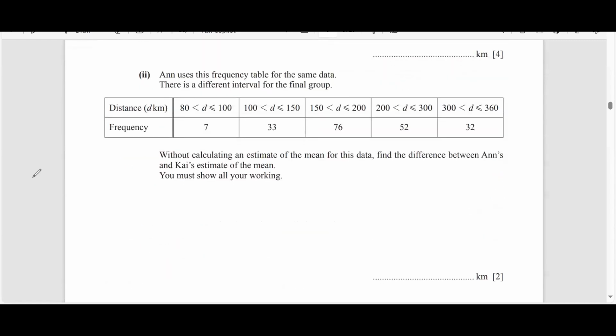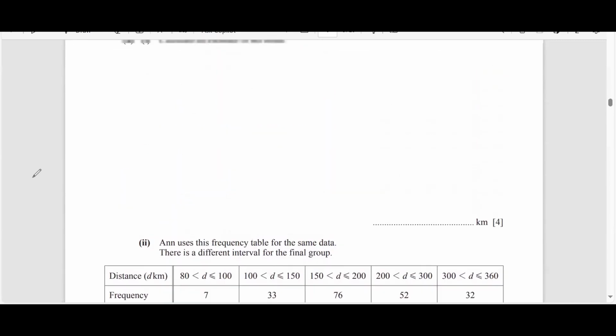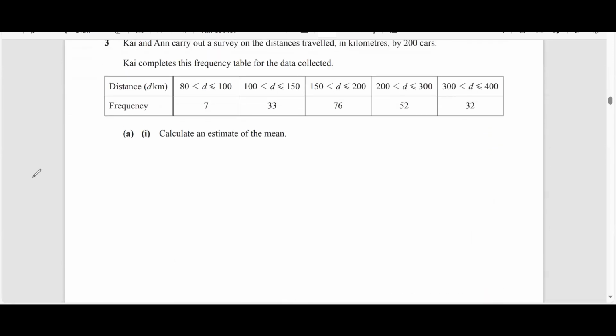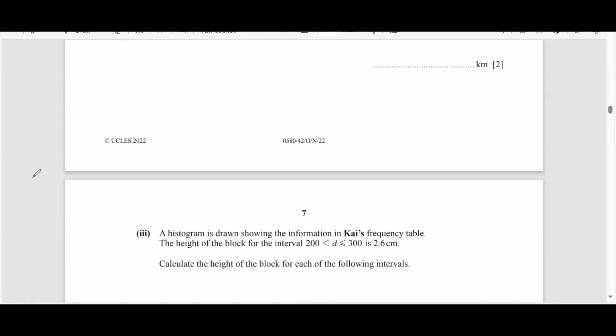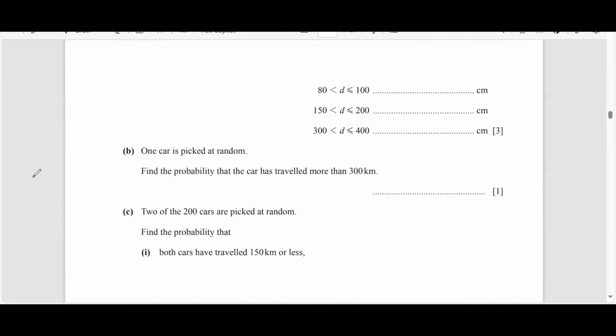For more than 300, it is 32. Out of 200 cars, 32 of them are traveling more than 300. So we can further simplify this. 32 divided by 200 gives 4 over 25, or 0.16.